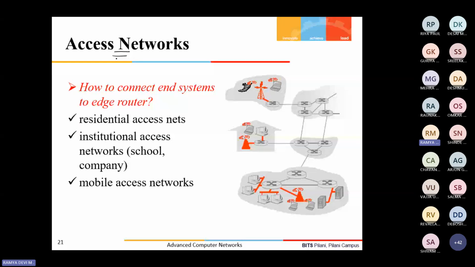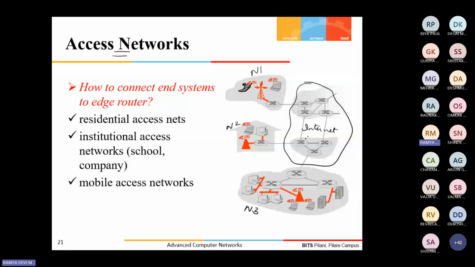Computers, smartphones, and IoT devices are all connected to the edge router. As you can see here, this is network 1, network 2, and network 3. This is the internet, the core of the network.